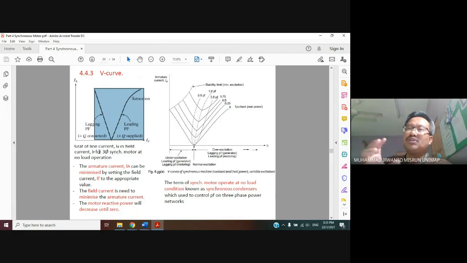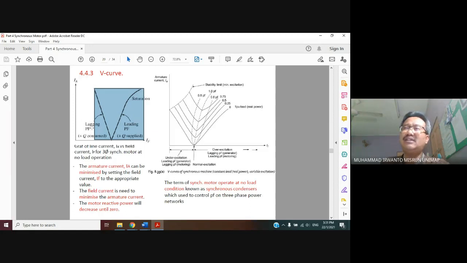When the synchronous motor supplies reactive power, the motor operates in the leading power factor. Remember, leading and lagging affect the internal generated voltage of the synchronous motor, in terms of the angle.